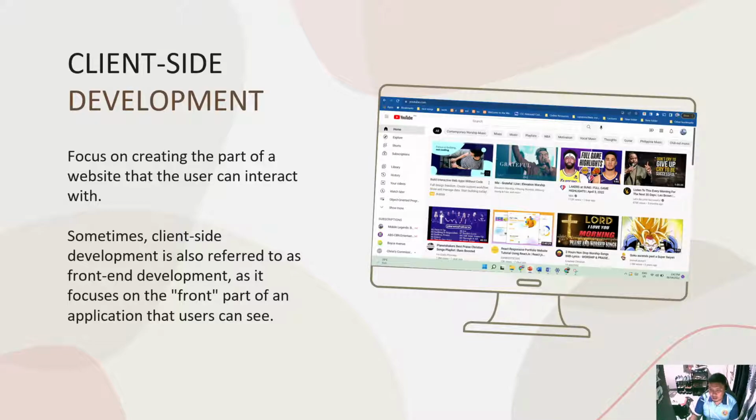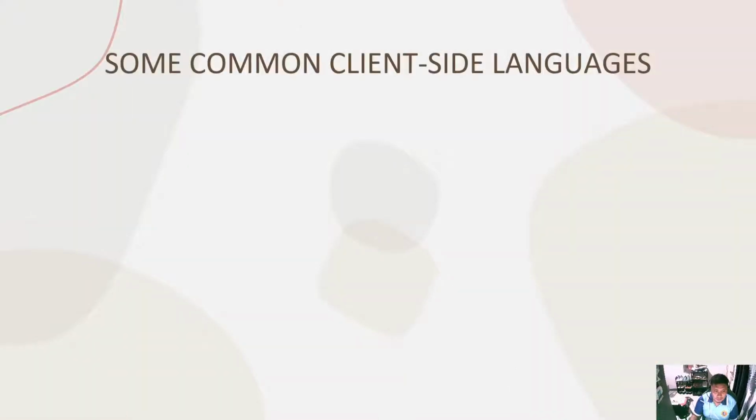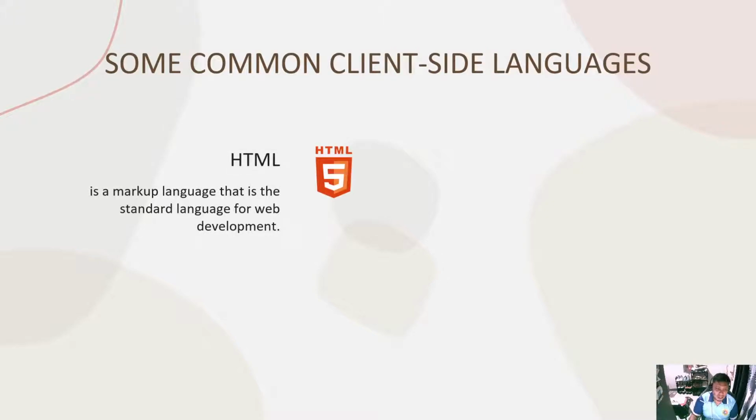Client-side developers complete a variety of tasks, including creating website layouts, designing user interfaces, adding form validations, and adding visual elements like colors and fonts. Those are the key areas of client-side developers. Some common client-side languages: HTML is a markup language and the standard language for web development, so you have to learn HTML.